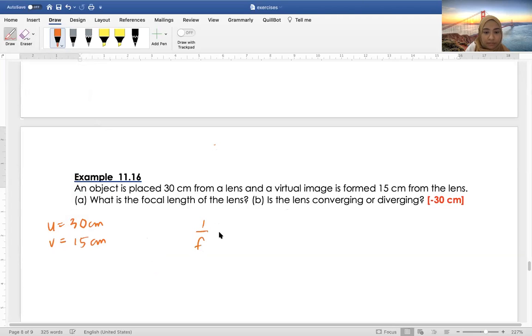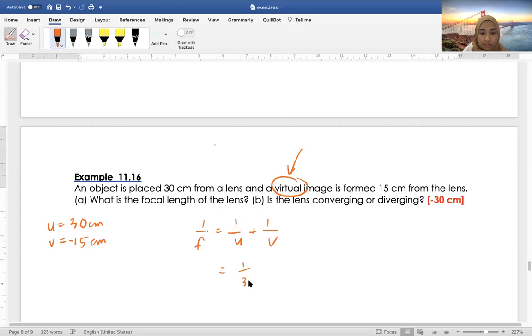So 1 over f equals 1 over u plus 1 over v. Virtual, it's a negative. If it says it's virtual, it's a negative. If it says it's real, it's a positive.